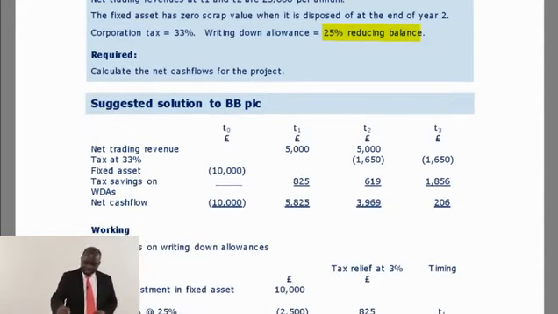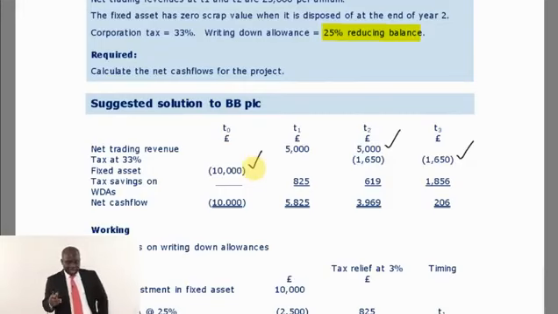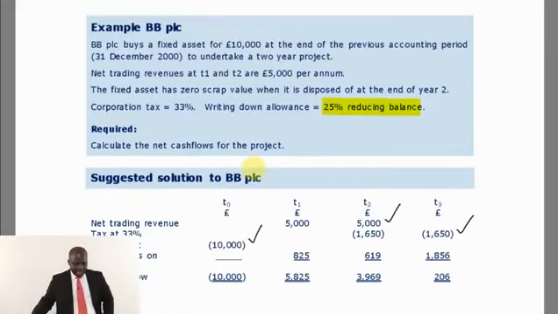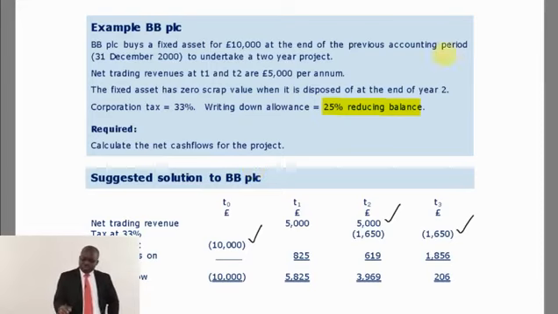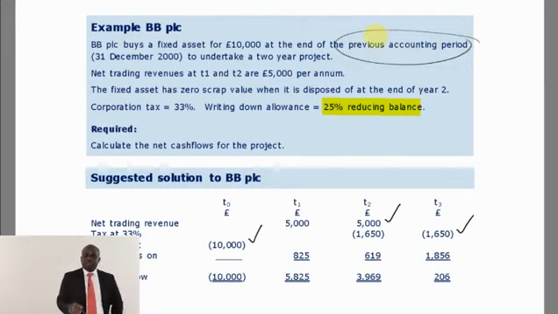Obviously, I'm not so much concerned about the net trading revenue and the tax on it. The asset is also 10,000. What I am interested in is the tax savings on capital allowance, and now be with me here. The asset or the project was actually started at the previous accounting year end.